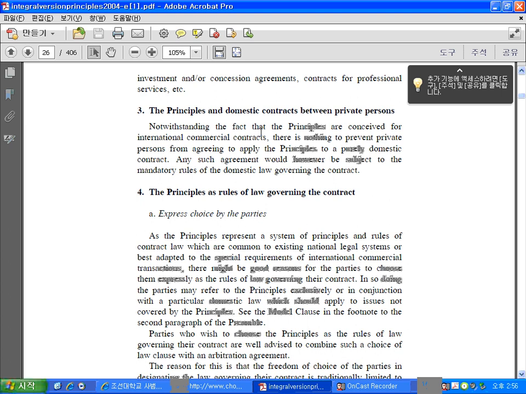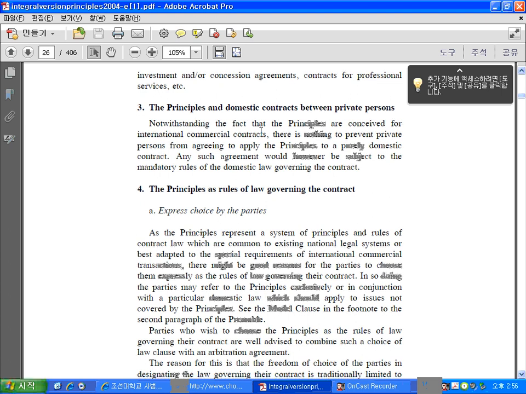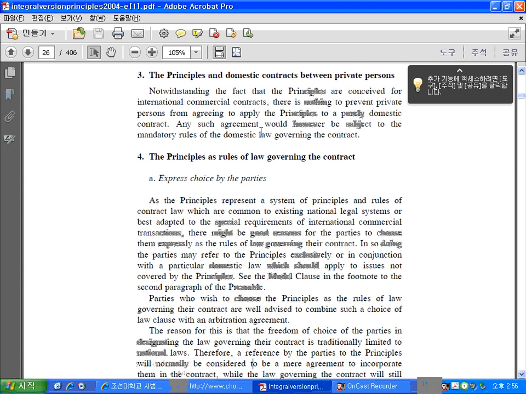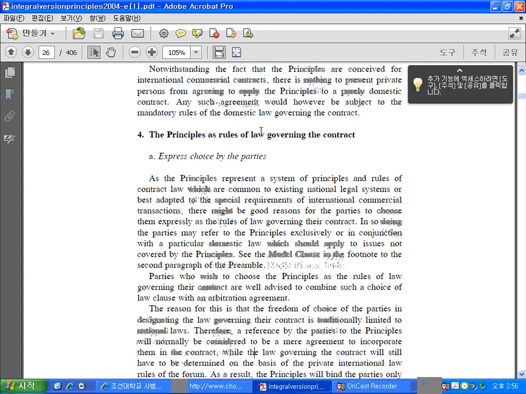And in what cases are principles applied to a contract of an international nature? The first case would be an express choice by the parties. The parties may agree to apply the principles to their contract. Then they can be applied.